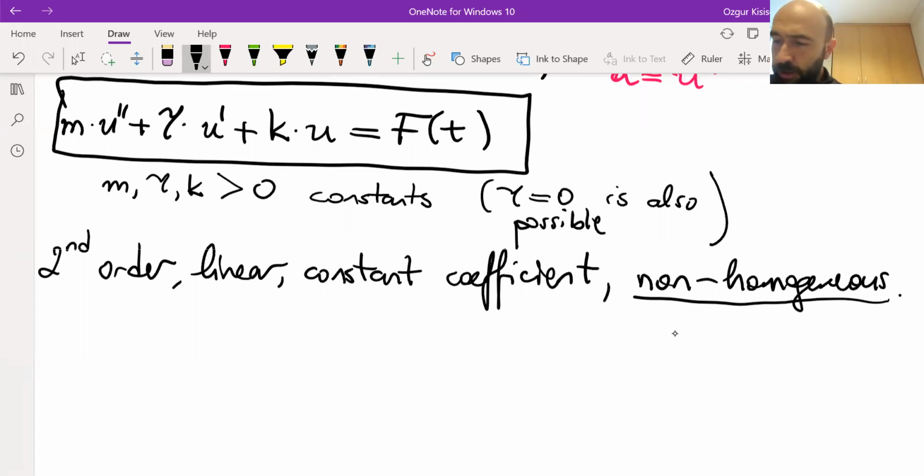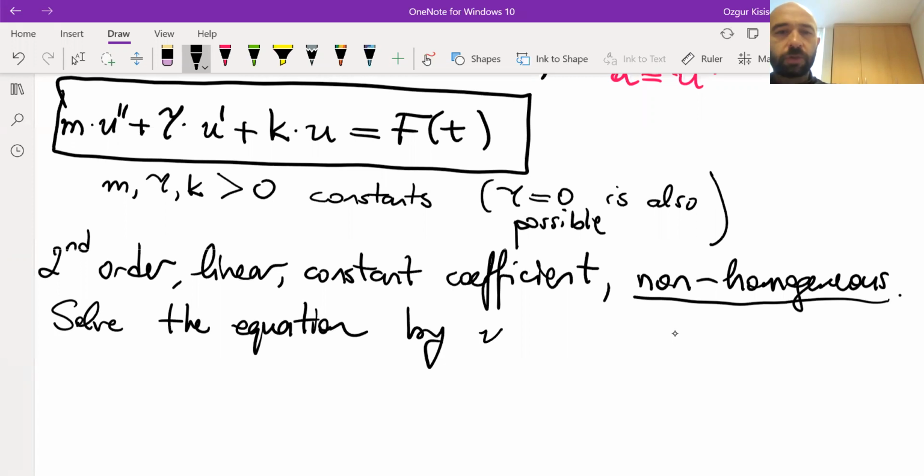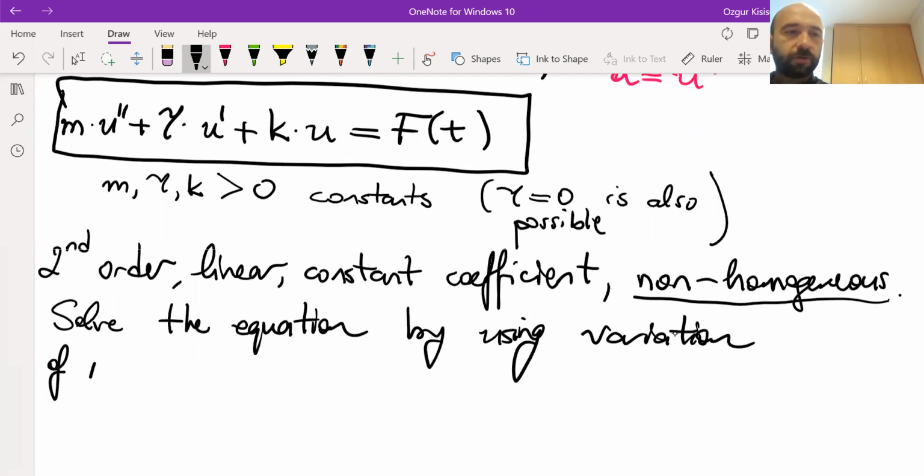All right. Now, we can solve this equation by using variation of parameters. This has the advantage of being applicable for any f, right?